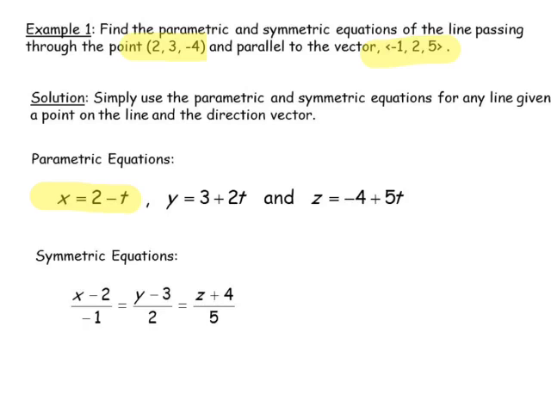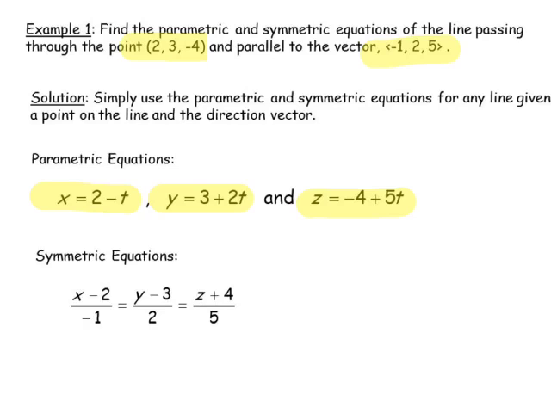So we're going to take the 2 from our point. Our vector component is negative 1 for x, and so we have 2 minus t. And then for y, 3 is from the point, and then that 2 is coming from the direction vector. And then for z, negative 4 is coming from the point, and then 5 from the direction vector.